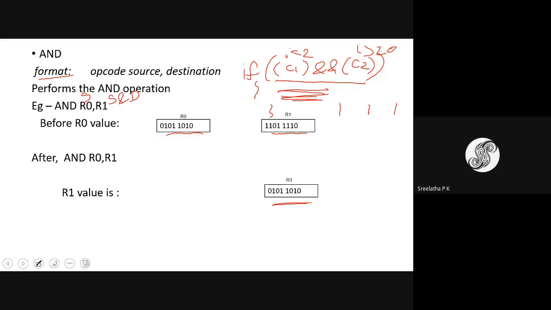Wherever there is 1 and 1, there will be 1, and any other combination gives 0. So 0 0 is 0, 0 1 is 0, and 1 0 is 0. Only if both conditions are true, then it is true. That is the and operation.